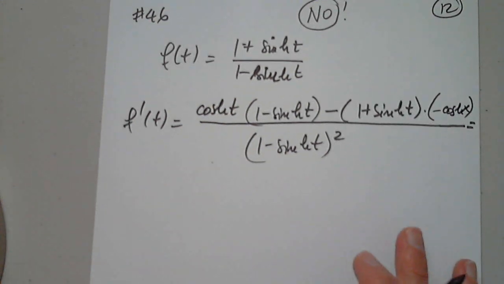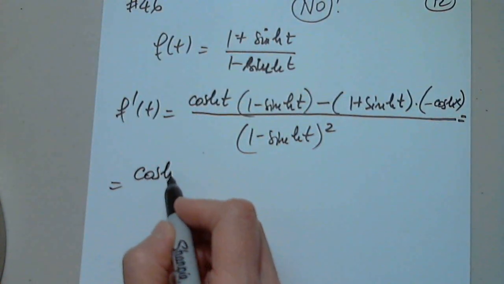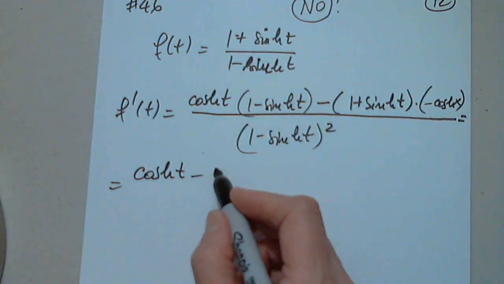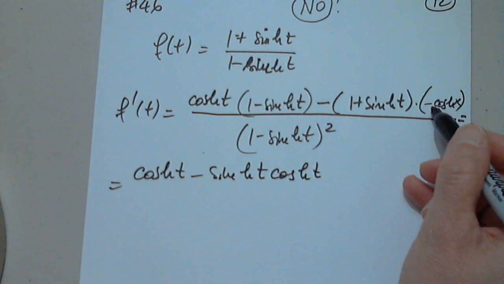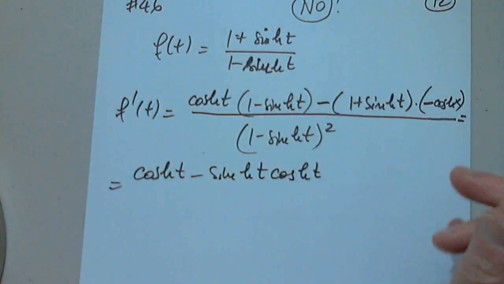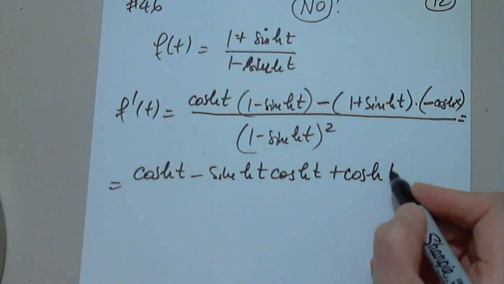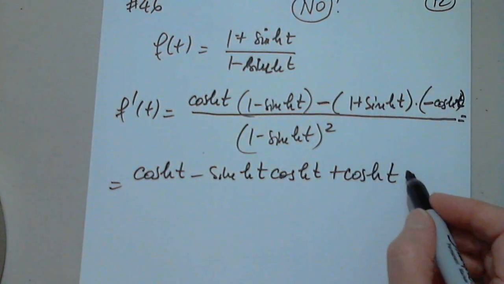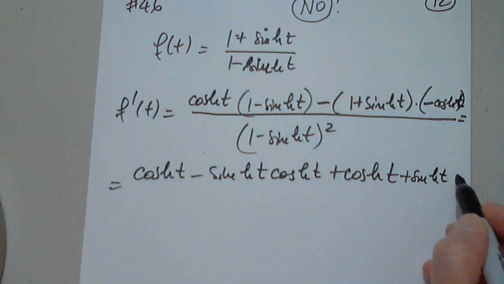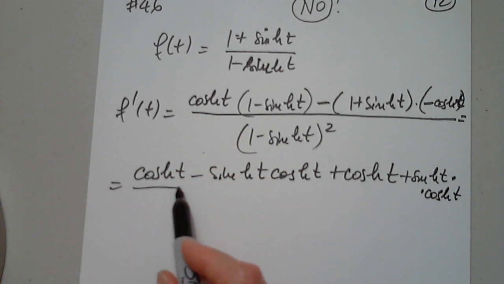Good, so now I have to distribute this to 1, and this to this. The negative with the negative will cancel out, so I distribute cosine to 1. I meant t here, of course. And this to this, so plus hyperbolic sine times hyperbolic cosine.